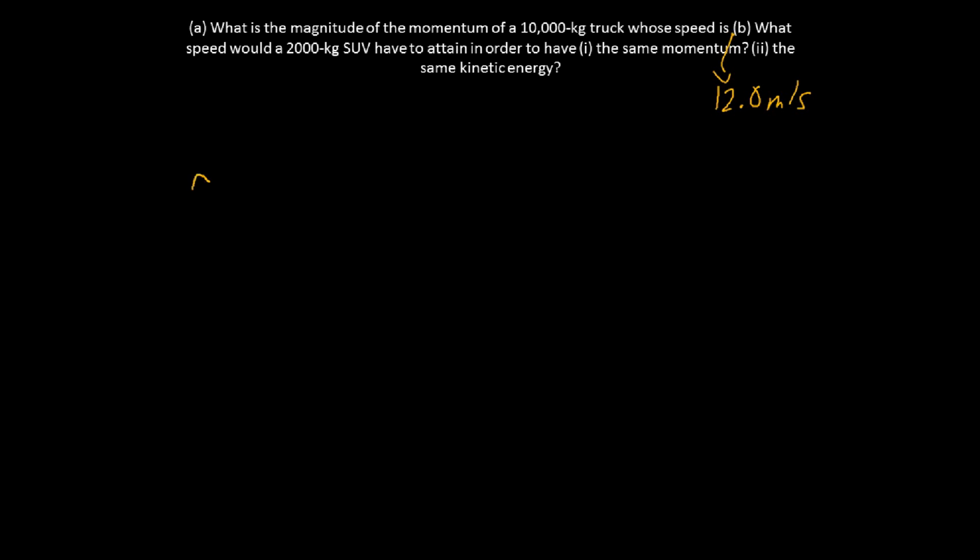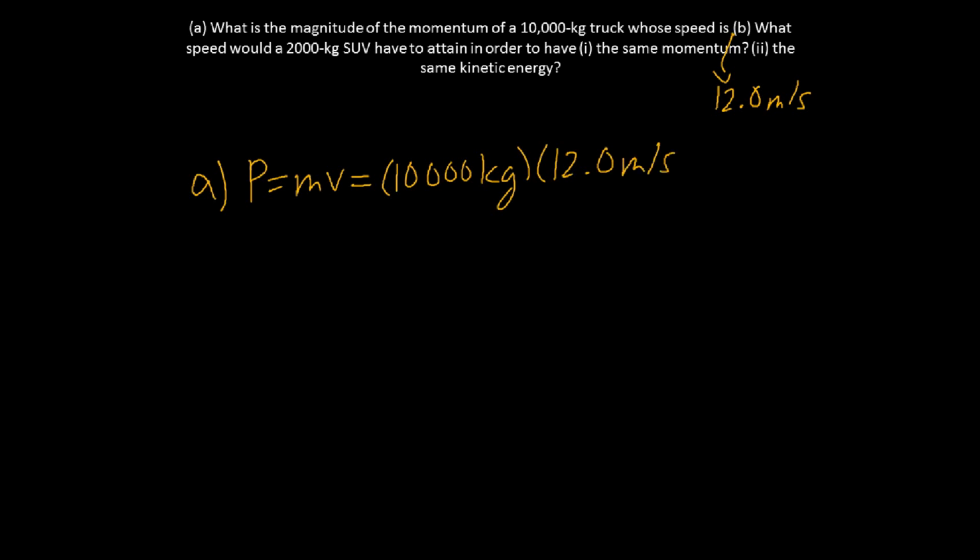So letter A. We're going to use the formula for momentum, that is mass times velocity. The mass of our 10,000 kilogram truck, of course, is 10,000 kilograms. No conversion will be needed for that one. The velocity is given over here, 12 meters per second.